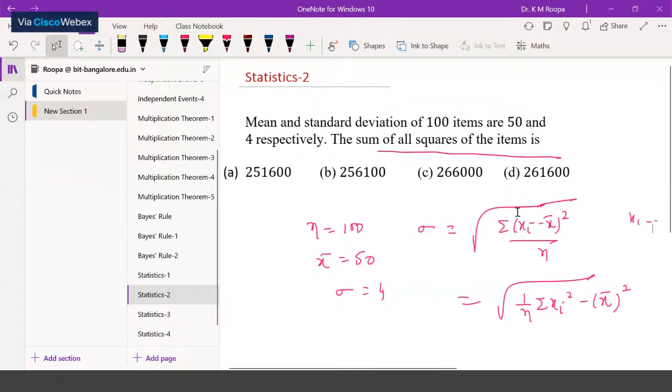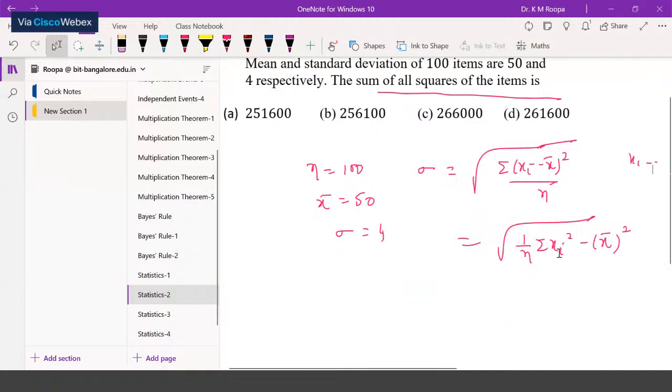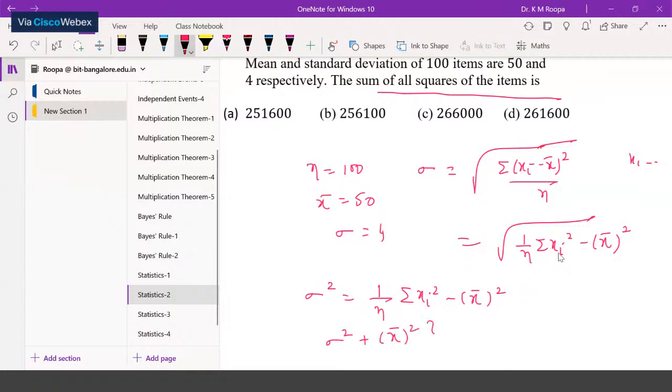Therefore, you can't take the first formula. We are going to take this formula. Keep the square on the right hand side and sigma xi square on the left hand side. Sigma xi square equals n into sigma square plus x bar whole square. Sigma xi square is the sum of the squares of the items. Substitute sigma square 16.